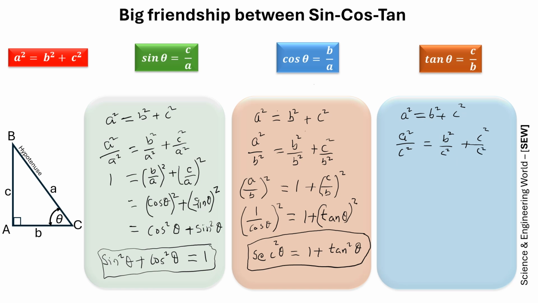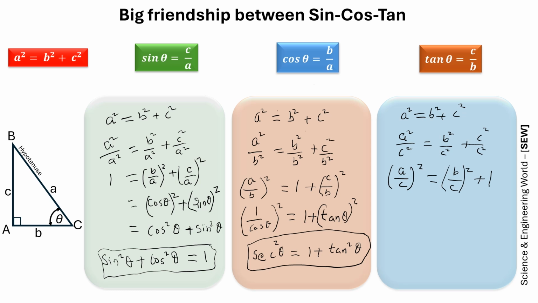Again, we can write the squares in brackets. So we have (a over c) squared equal to (b over c) squared plus c squared over c squared, which is 1.